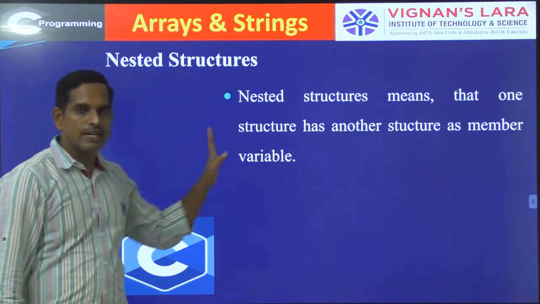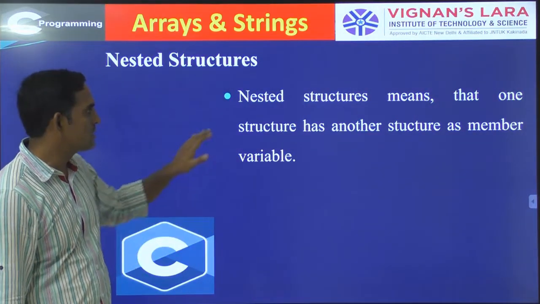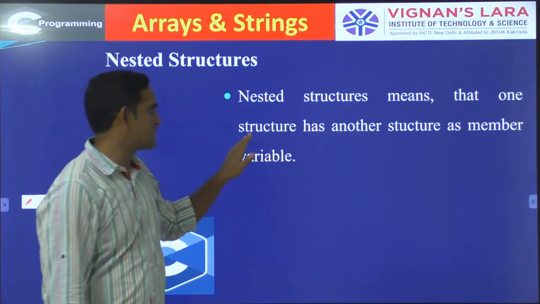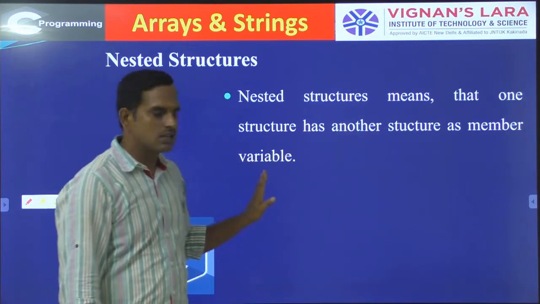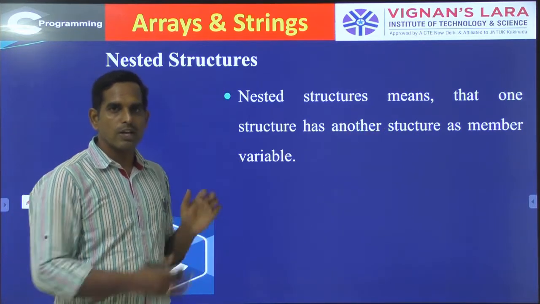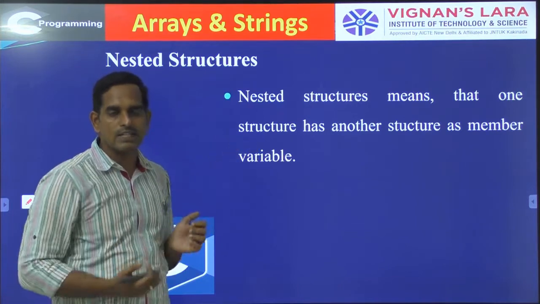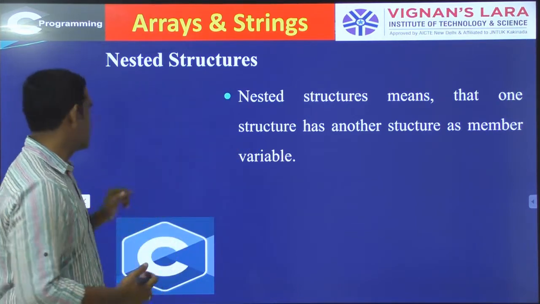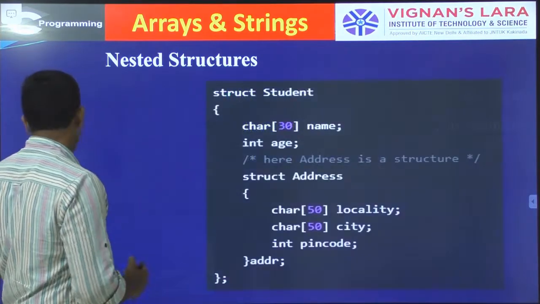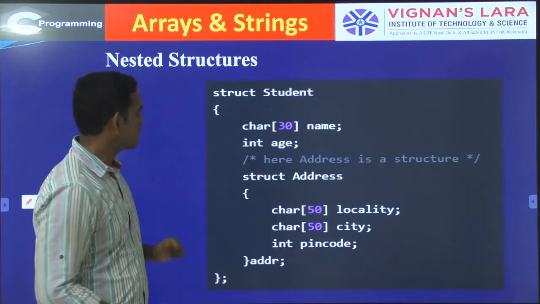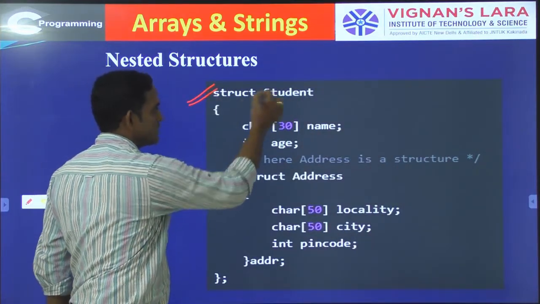The next topic regarding your structures is nested structures. Nested structures means that one structure has another structure as a member variable. You can have one structure inside another structure, and we call it nested structures. In this example, this is the outer structure, that is student.